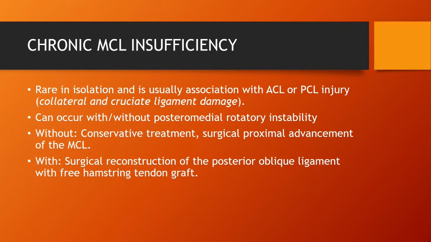In the chronic setting, chronic medial collateral ligament insufficiency by itself in isolation is rare. When it persists, it's usually due to a combined injury with an associated ACL or a PCL laxity simultaneously. This would then qualify the examinee for a combined impairment rating. Now, chronic insufficiency of the medial collateral ligament can occur both with and without posteromedial rotatory instability.